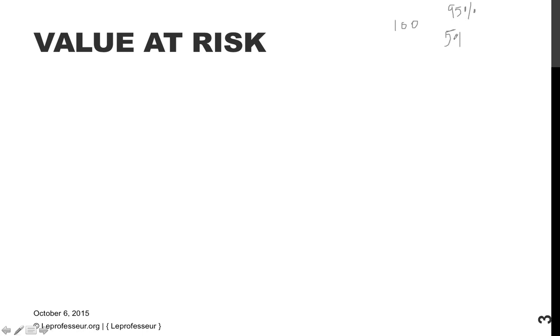All right. So what will be the value at risk? You want to know that you will not lose more than 5%. So it will be simply 5, right? Because you are dealing with the 100.